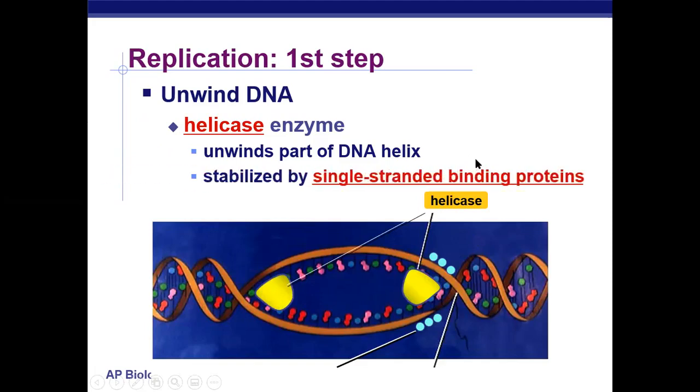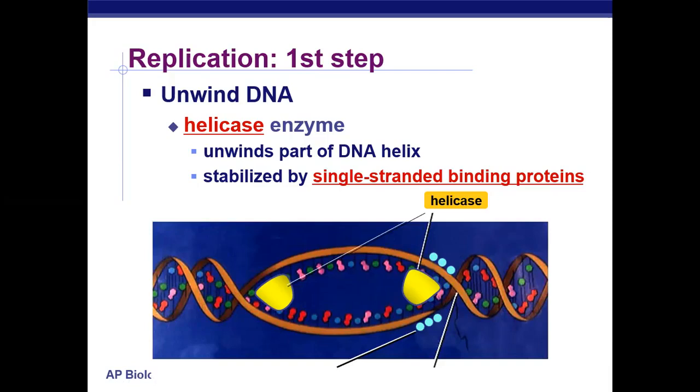Once you have unwound the strands of parent DNA, they will automatically re-anneal back together. So to re-anneal means they'll reform those hydrogen bonds with each other and just wind back up. You don't want that to happen because you need them to be separated to create the new DNA.